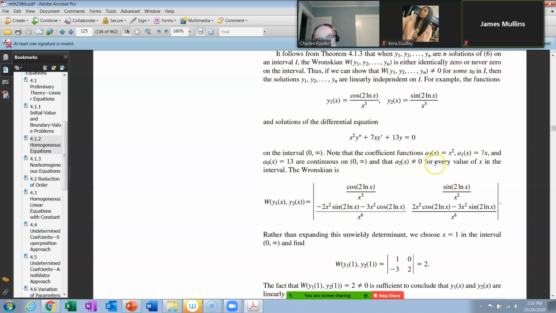That becomes a 0, this becomes a minus 3 over 1. So this is a minus 3, that's where that comes from. This becomes a 2, that goes to 0. So here we have 1, 0, negative 3, 2. Now how they got away with that is if it works for any value, it should work for them all. They just chose judiciously x equal 1, so this would be a 0, that would be a 0, that would be a 0, that would be a 0.